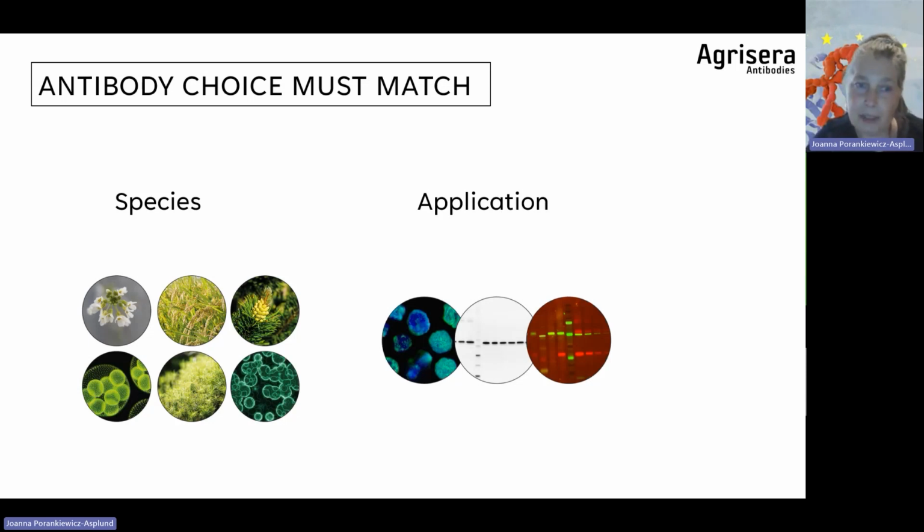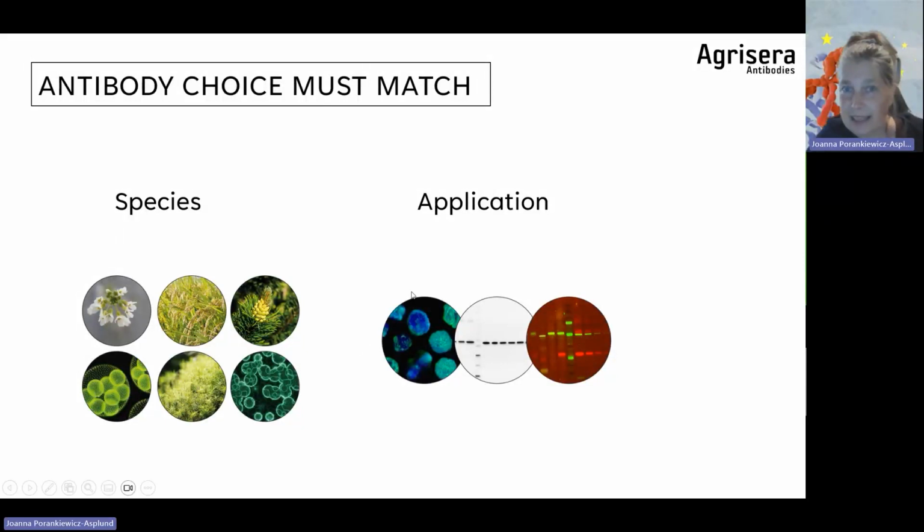So if the species which you're working with is not listed in the product information sheet from the supplier, then you need to ask if this antibody has predicted reactivity to the species you're working with. This is really crucial because if the short peptide used to elicit the antibody is not found in the protein you're working with, your antibody will not give you a signal in a Western blot or in another technique.